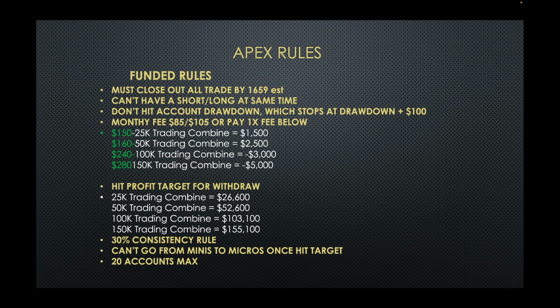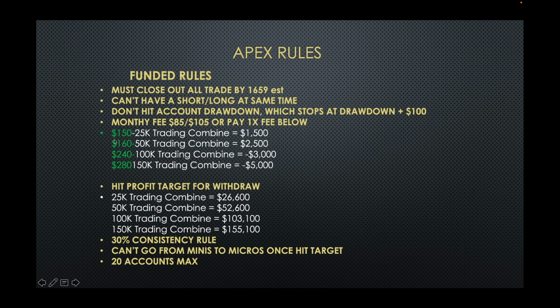NinjaTrader doesn't work with Mac unless you do Parallels or some other setup. So NinjaTrader works with Rithmic, and Quant Tower, I think, is another one, and there's a couple different other ones. So there's different brokers out there that you can go with. But for some reason, Tradovate must cost more with data, because that's why it's $105 a month.